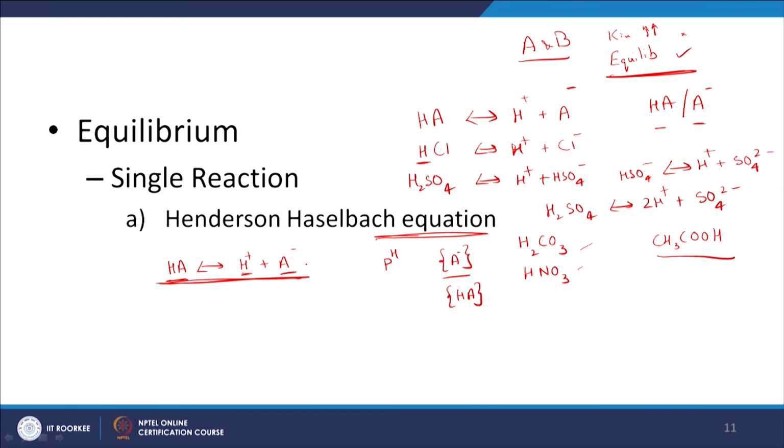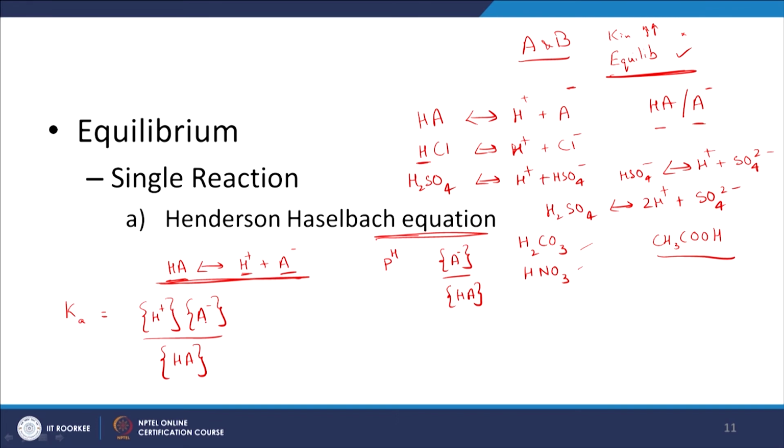From our equilibrium equation we know that the equilibrium constant is going to be the activity of H plus times the activity of A minus, divided by the activity of HA. Again, this is from our equilibrium equations.